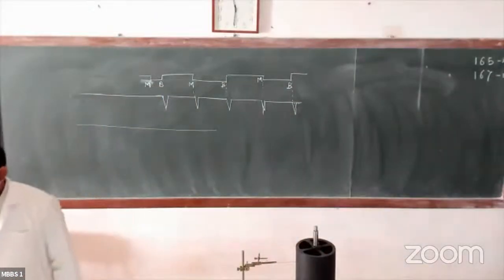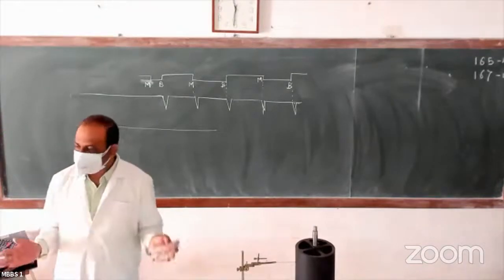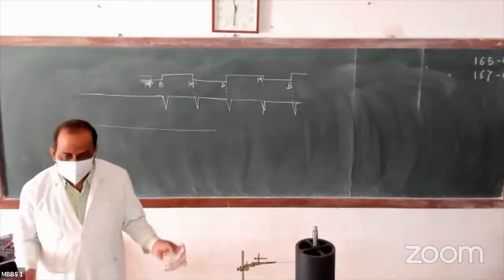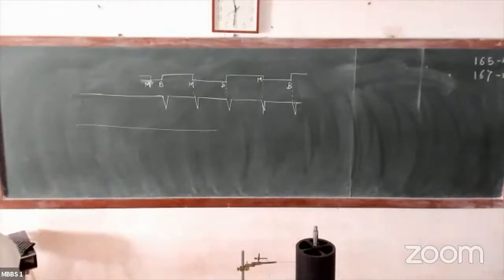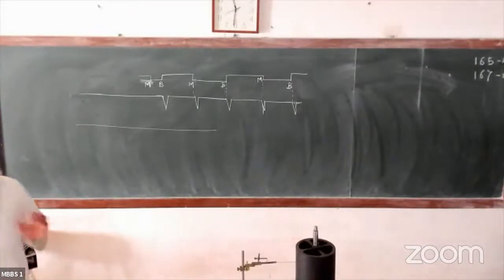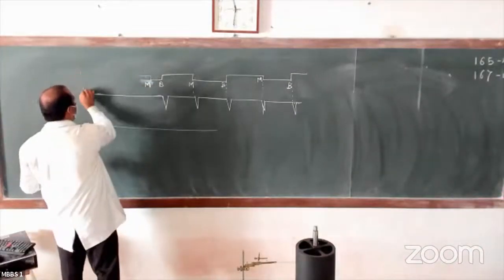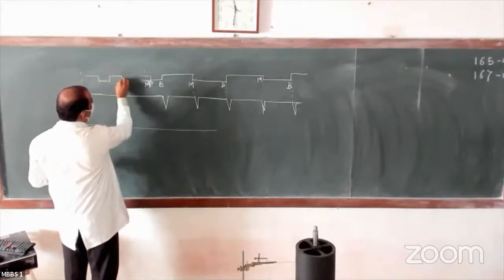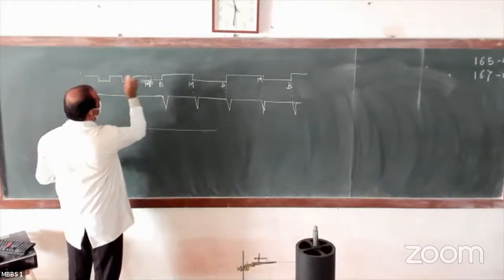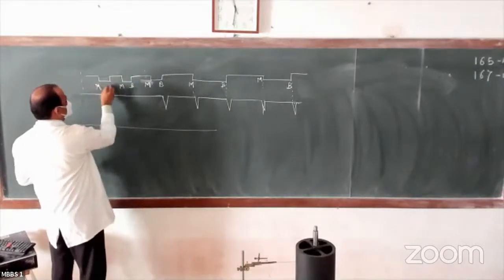What it indicates: previously, we kept the distance between the primary and the secondary coil at a maximum, where the strength of the stimulus is minimal, that is sub-threshold. So we can say that in this portion, whatever current we have delivered, this will be the make, this will be the break, this will be the make, this will be the break, and in this way, make, break, make, and break.